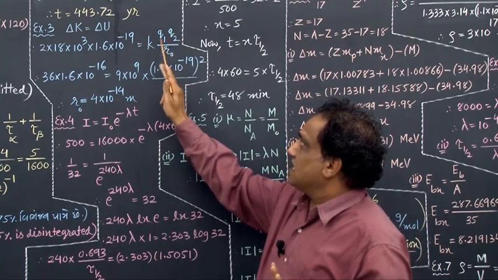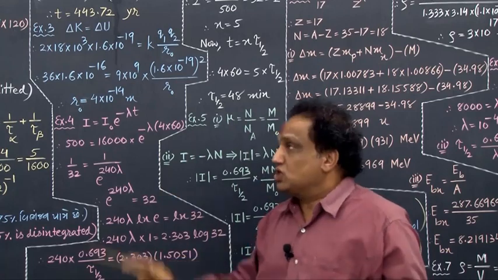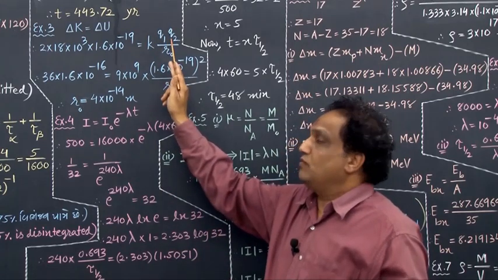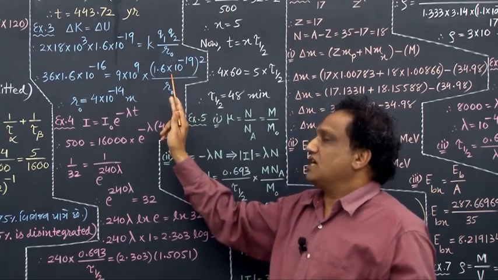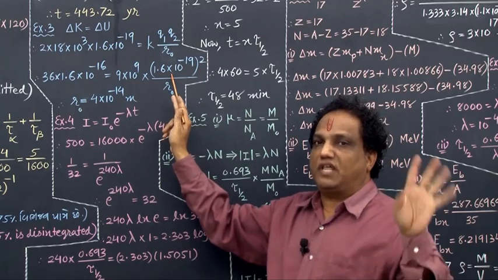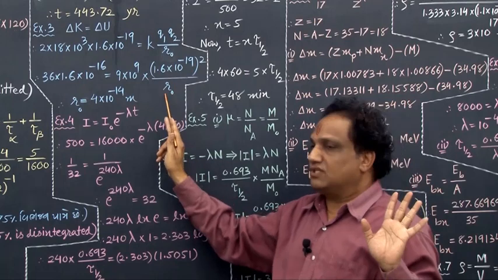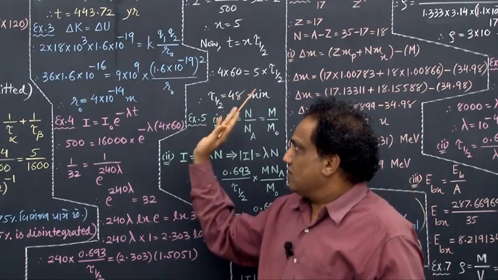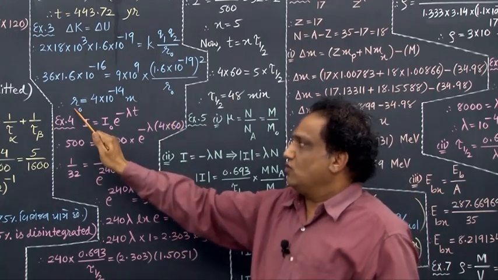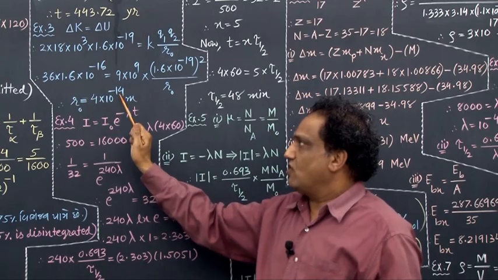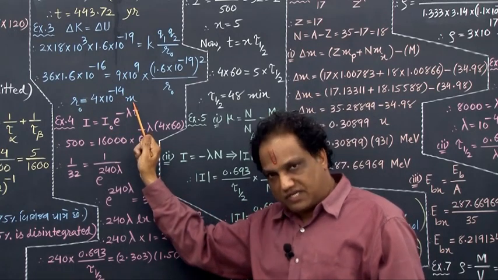And both the charges are of proton only. So if you take Q, then Q into Q means what? Q square. What is charge of proton? 1.6 into 10 raised to minus 19 Coulomb, and it's a square upon R0, correct? And now simplify, value of R0 you will get 4 into 10 raised to minus 14 meter, correct?